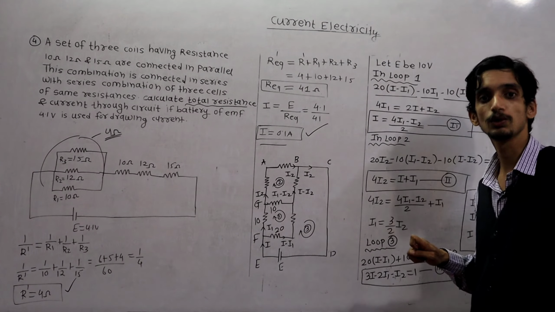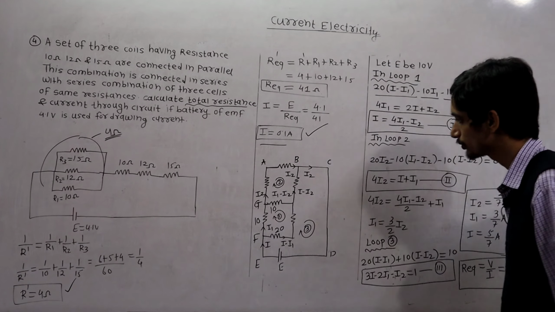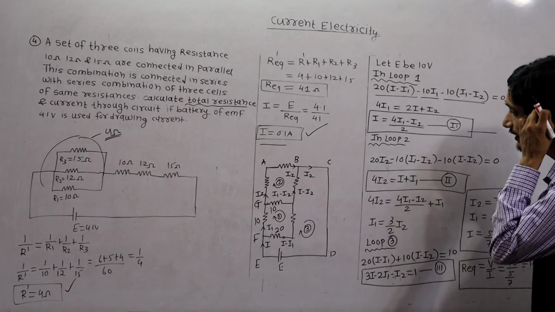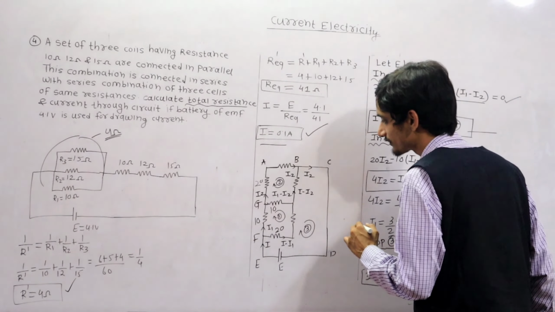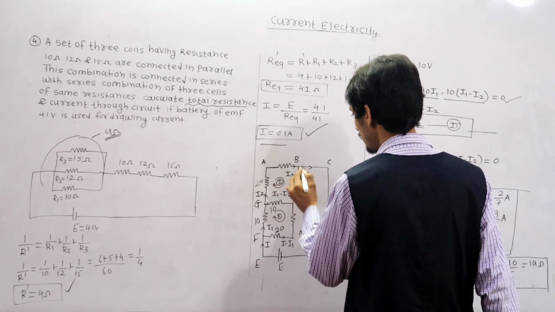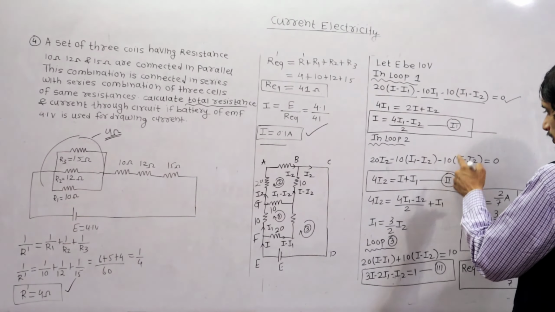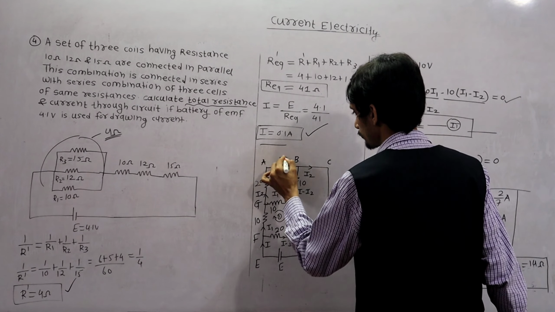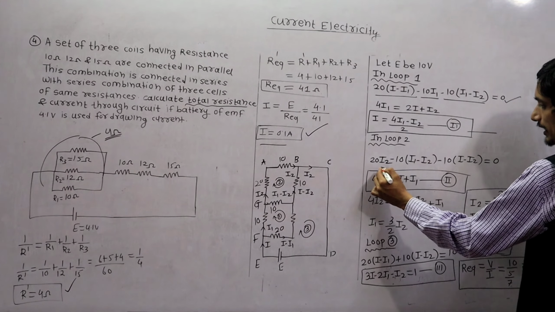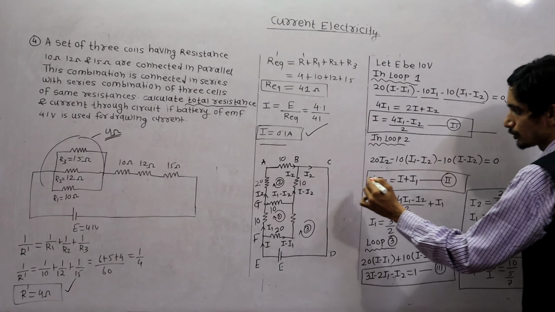So after simplifying the first equation, you get equation number 2, that is I is equal to (4I1 minus I2) upon 2. Now in loop 2, we have 20I2 minus 10(I1 minus I2), minus 10(I1 minus I2). So this is also 10, 10, 20, 20.